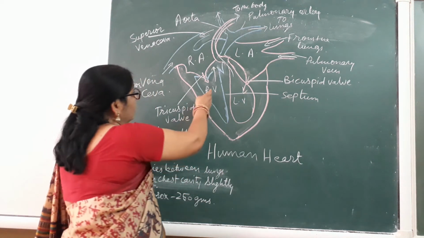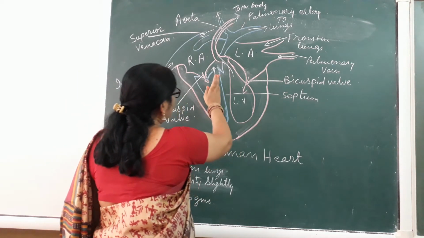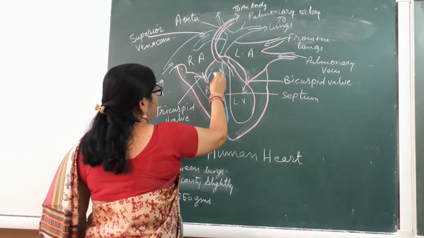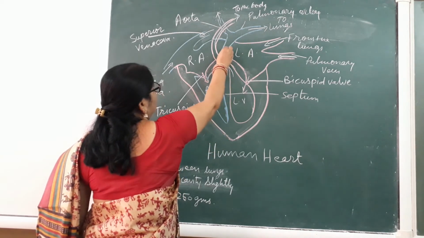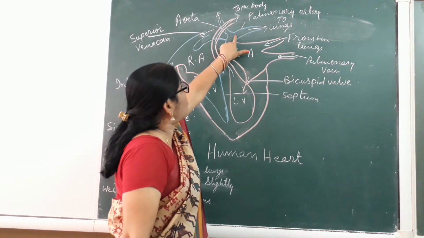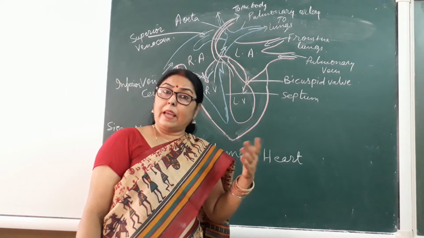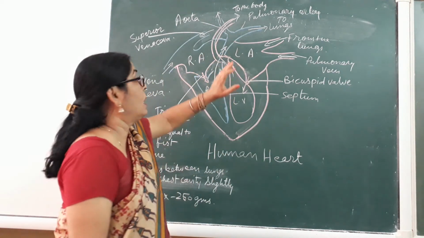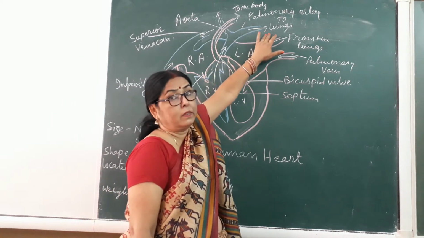Now the right ventricle has to send blood to the lungs, so this blood will be pushed to the pulmonary artery. I have told you that arteries always carry oxygenated blood, but the pulmonary artery is the exception. It carries deoxygenated blood from the right ventricle to the lungs.